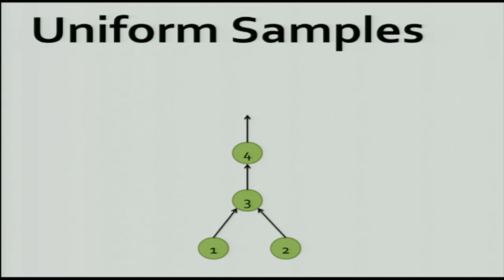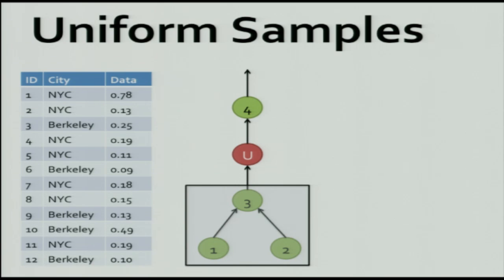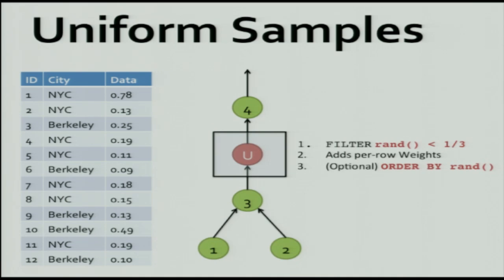As far as uniform samples are concerned, BlinkDB supports a logical uniform sampling operator that can be inserted anywhere in the query graph. Now, this sampling operator expects a stream of data. This stream is just like a random table that's input to this sampler. And this uniform sampler does these three things in succession.